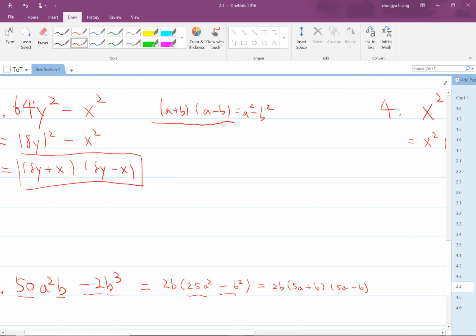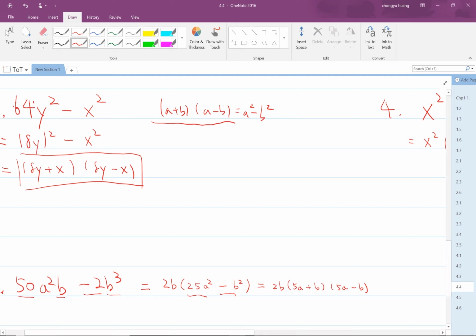So basically that is right, because if you are able to see it really clearly, you should know that 25a squared is actually a perfect square, right? 25a squared is actually equal to 5a squared.